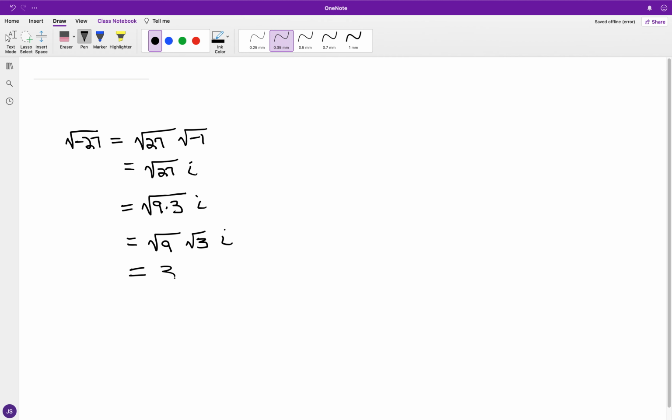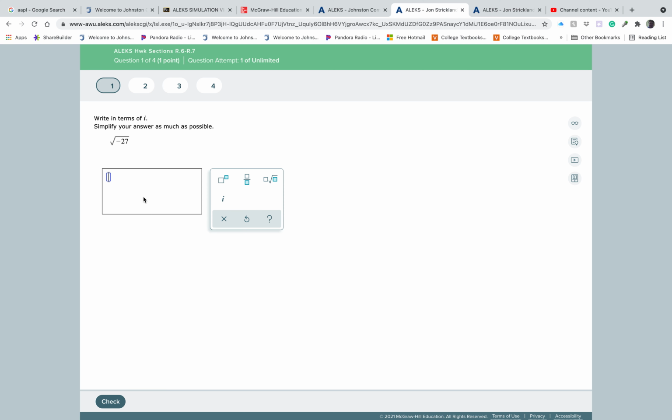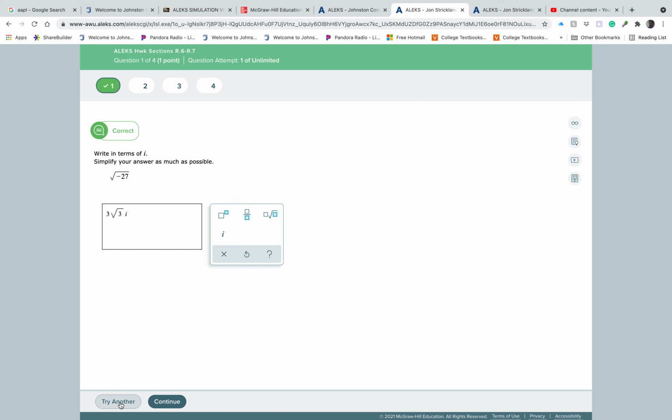The square root of 9 is 3, and we have times the square root of 3 times i. So we have 3 times the square root of 3, then times i, and i is not going to be in the radical. Checking, the result is correct.